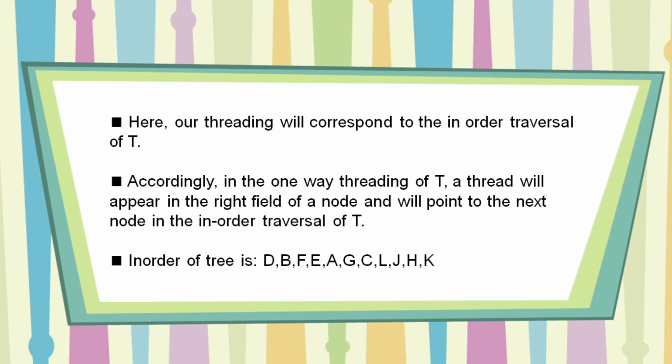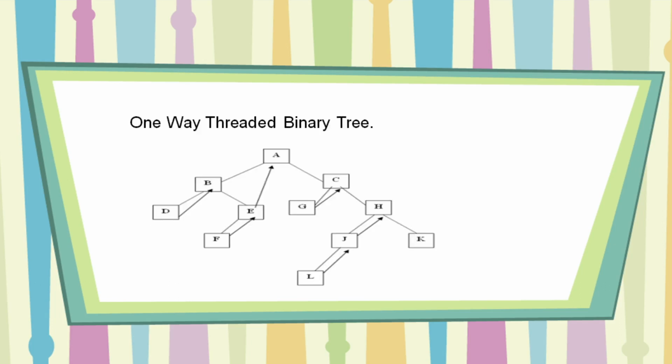Here let's consider an in-order tree for our constructed diagram with the values D, B, F, E, A, G, C, L, J, H, K. For this we are representing a one-way threaded binary tree.